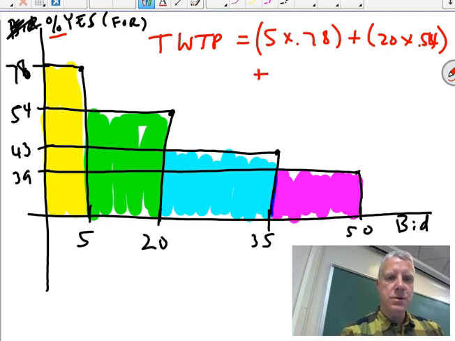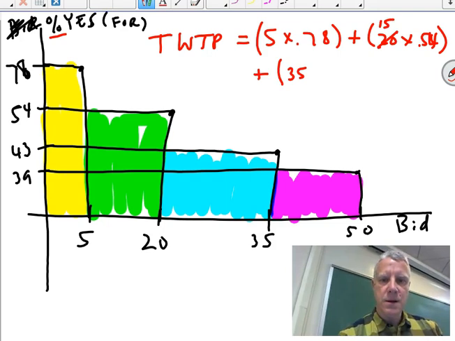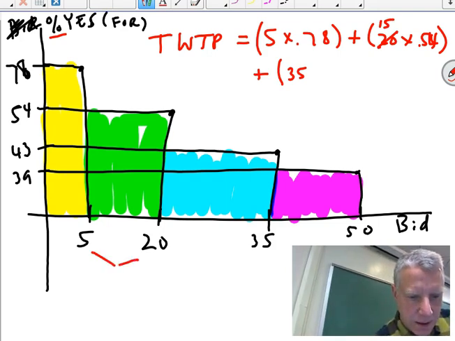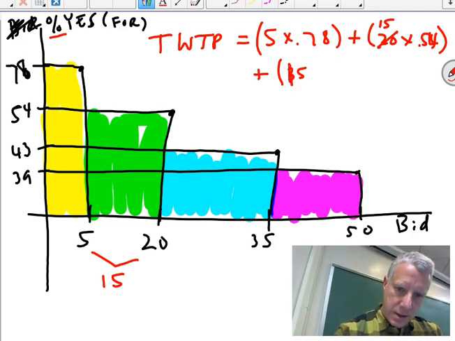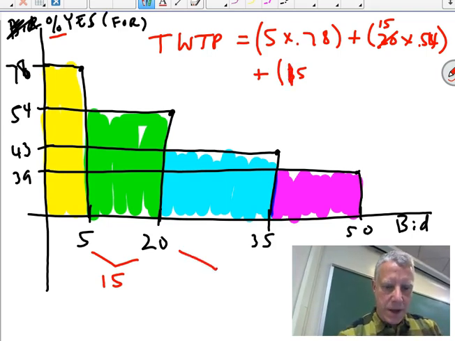Okay, we're going to add that to the blue rectangle, which is $35. Oh, and I've already messed up. That 20 should be 15, because 15 is the base of the rectangle. Okay, the blue rectangle, the base is again 15.